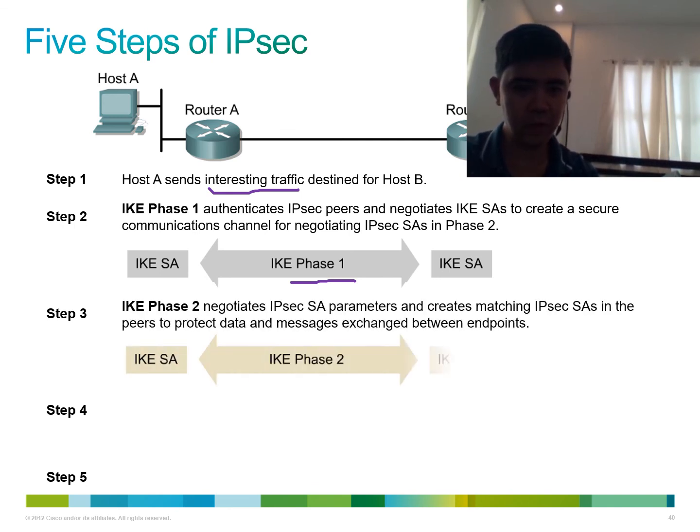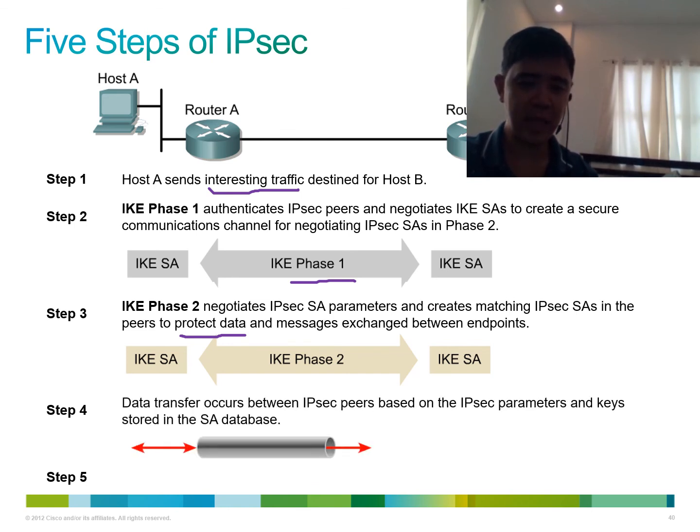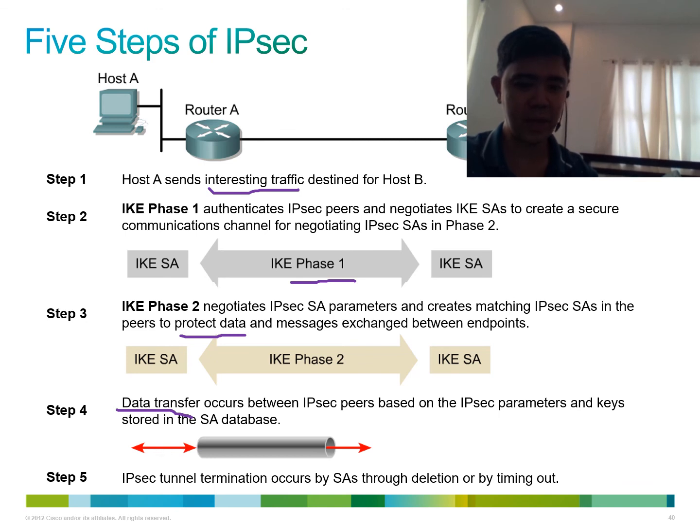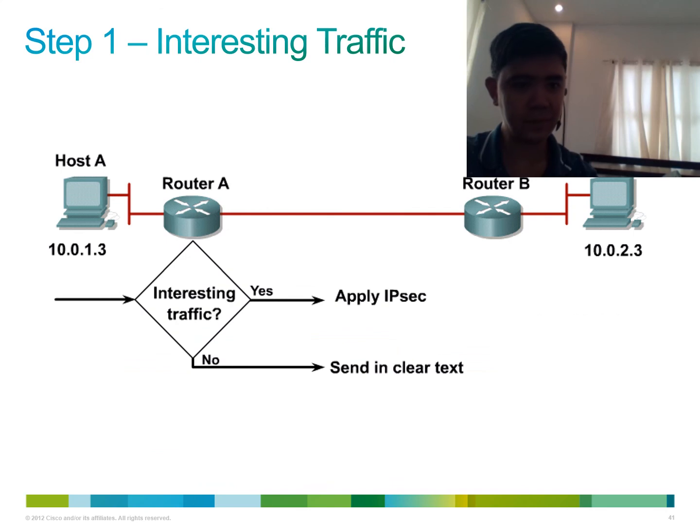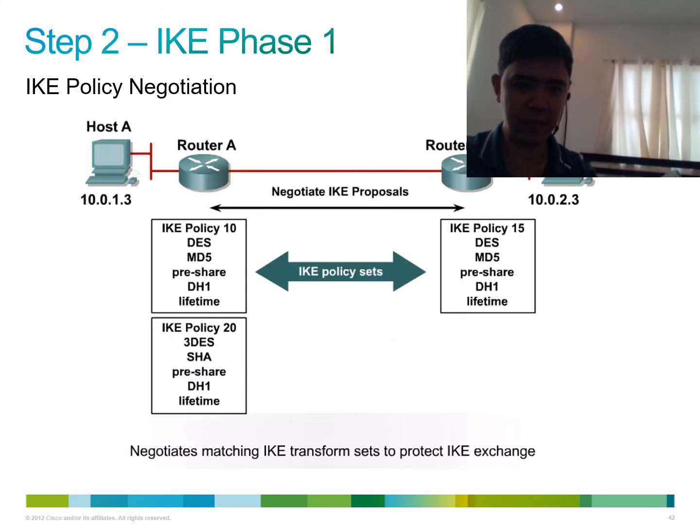Then it will move on to phase 2, negotiating the parameters for data protection. Once IKE phase 1 and phase 2 are successful, that is when data transfer starts. Once the data transfer has ended, the IPsec tunnel is terminated. Again, we use an access list to identify interesting traffic.